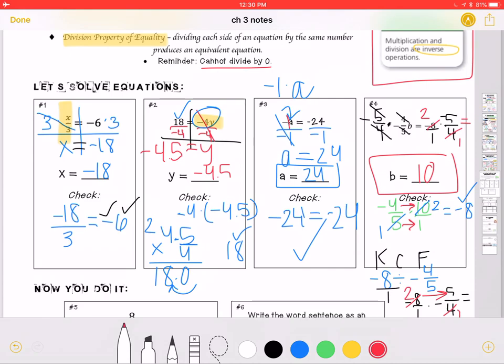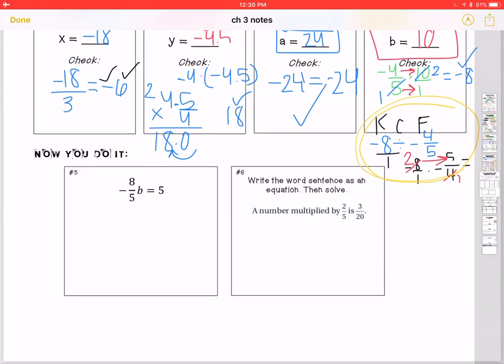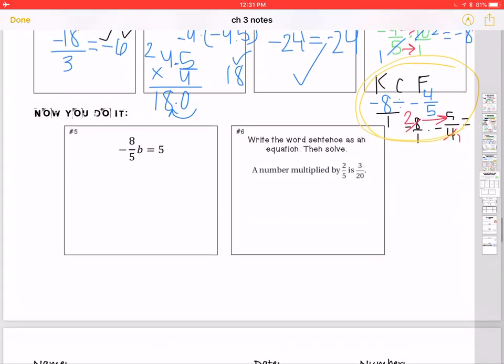So just as a reminder, dividing by a fraction is the same as multiplying by its reciprocal, or if I multiply by the fraction getting flipped. Just kind of a shortcut. If that kind of confuses you, then go through the whole process. Get here, do your KCF. Either way works. All right, it is now your turn. And in the part 2 video, we will go over these 2 problems.